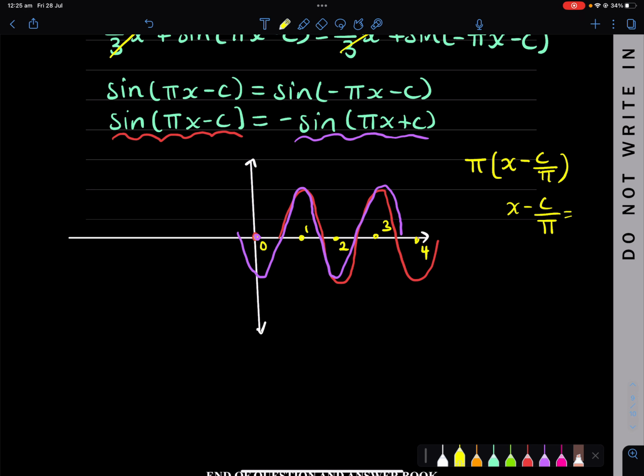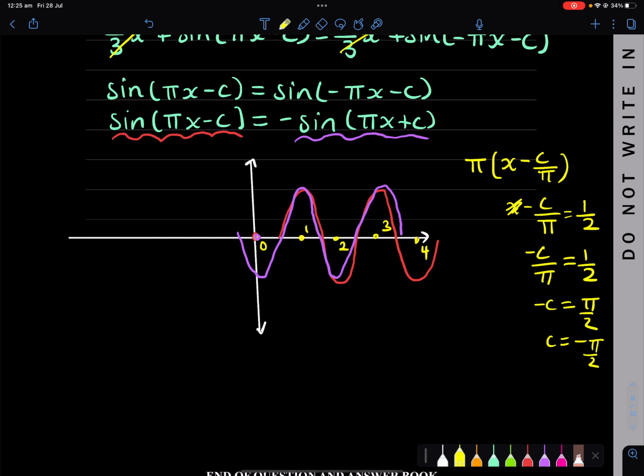So we would say we moved it by half. It would be negative C pi equals half. So it would be negative pi over 2.